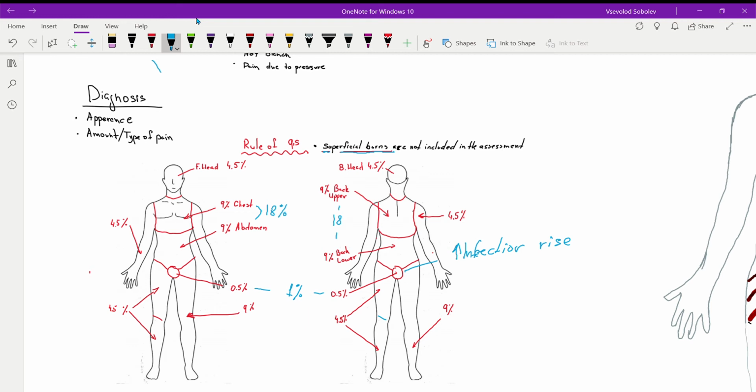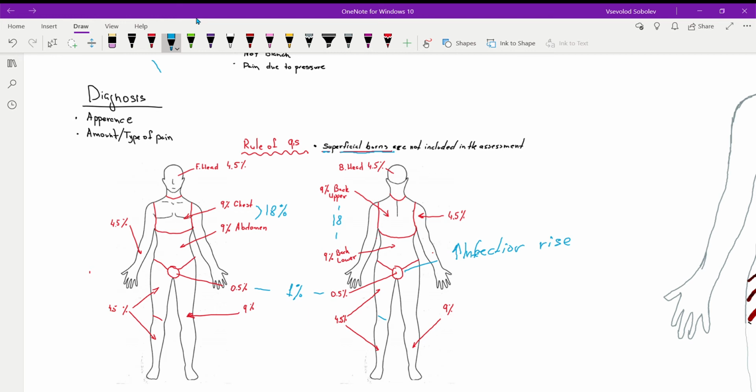And that area is sensitive and blood rich. So damage to that area would lead to a higher risk of infection.